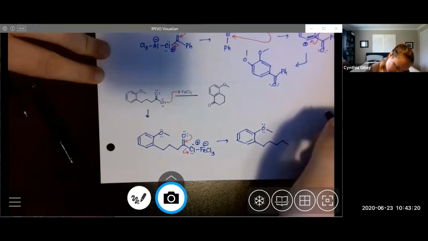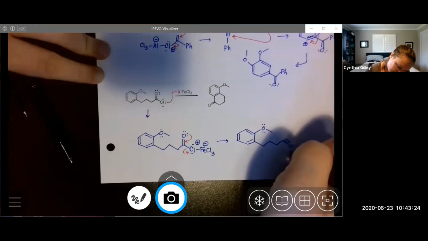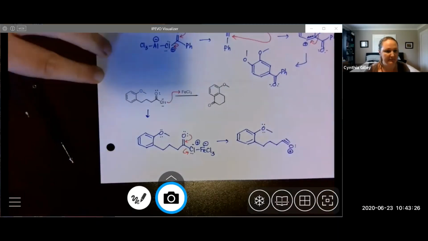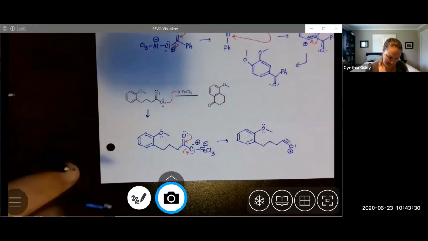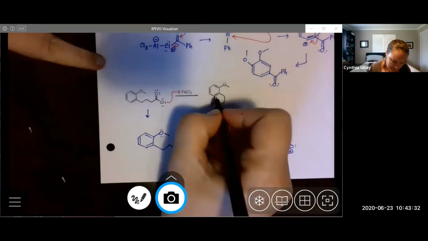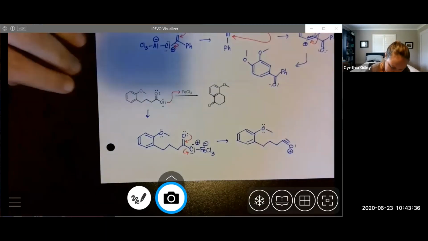Shouldn't have bent that, but too late to change it. Okay, so there's the acylium ion, and then looks like I want to attack with that carbon. So then I'm going to use this pi bond.